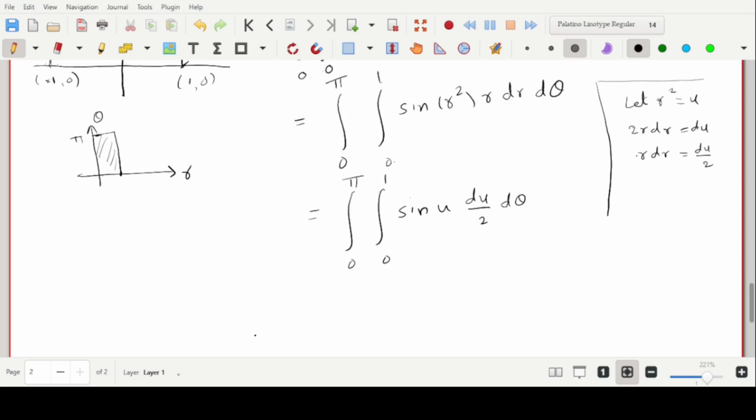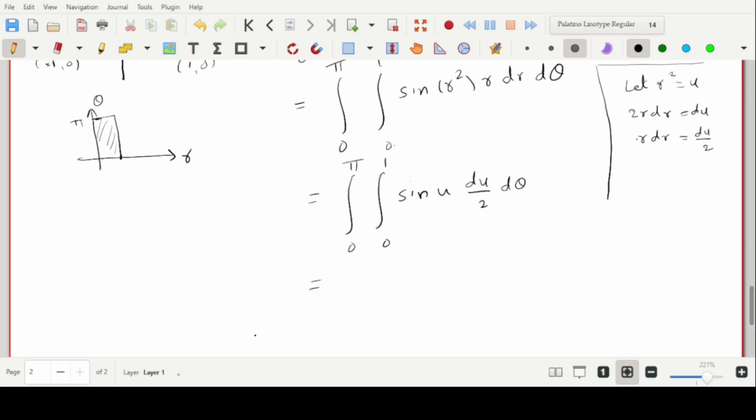Okay, this 1 over 2 can be taken completely outside, and this sine u du integrates to negative of cos of u. So this is 0 to pi, negative cos of u from 0 to 1, d theta.